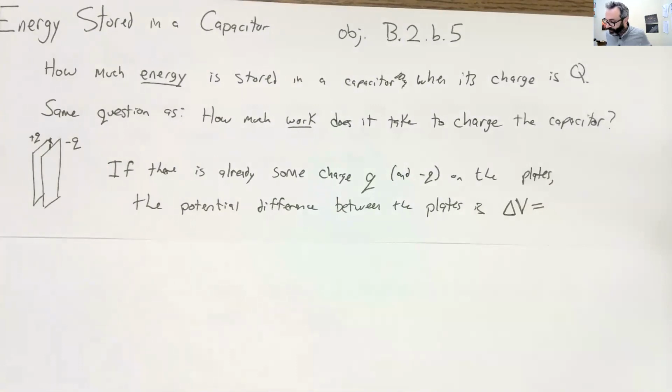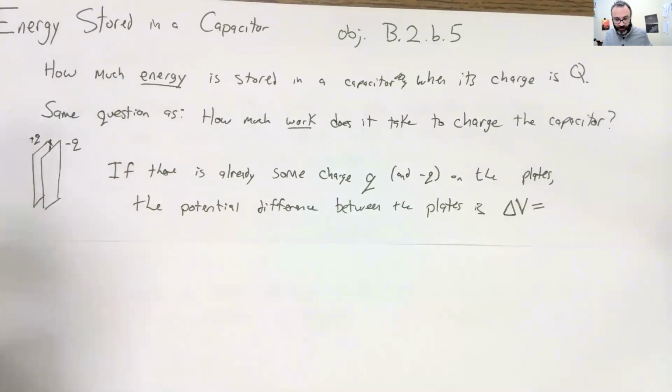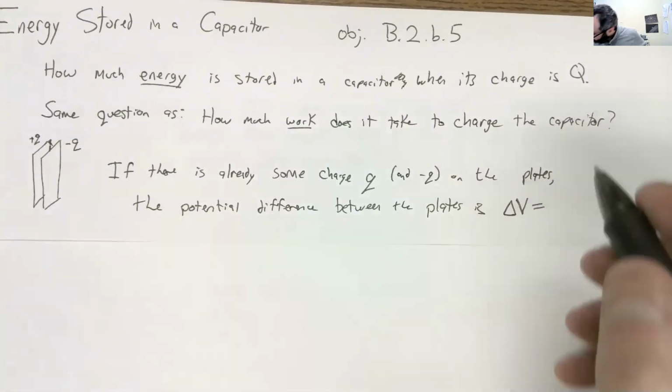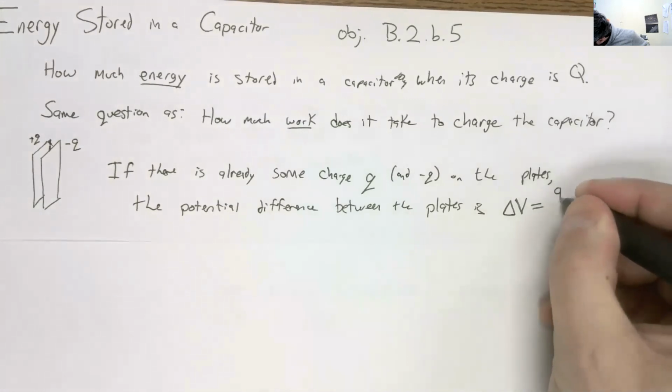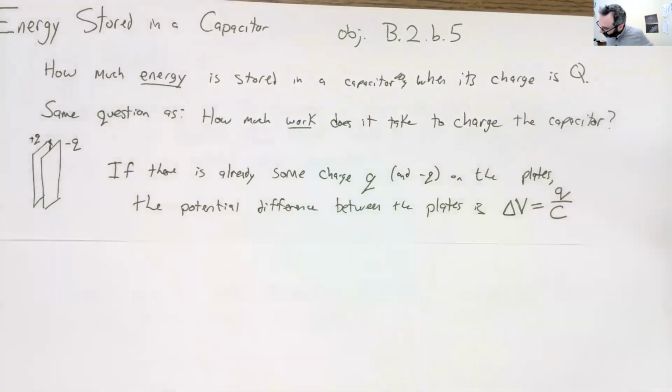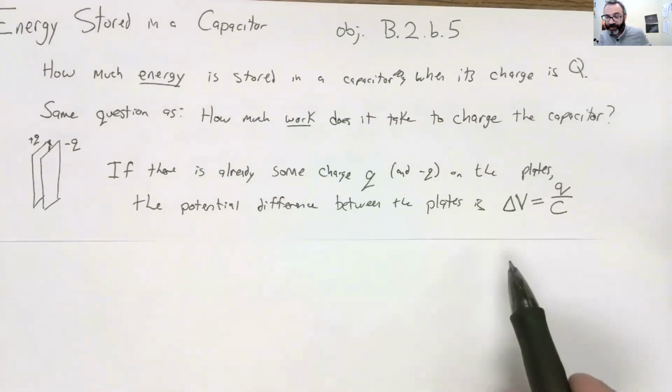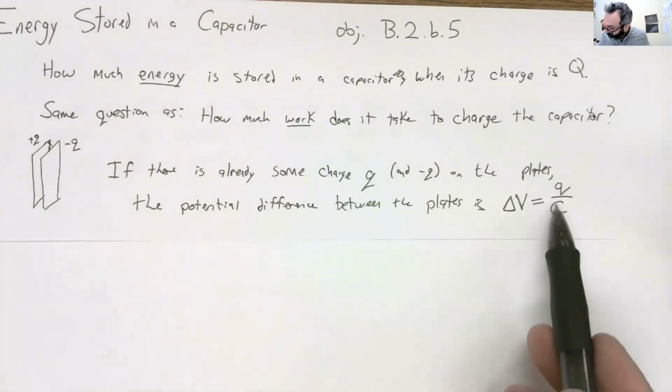All we know is the charge on the plates is Q. We did get a value for the potential on a charged capacitor: Q divided by C. That actually just comes from what we defined capacitance to be.